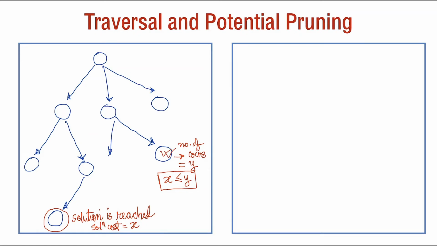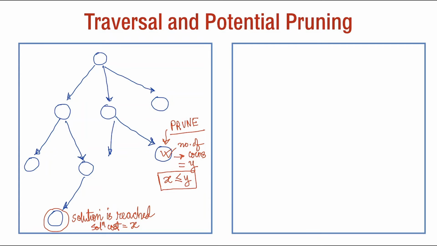And the number of coins chosen at this stage can only remain the same or increase. So if x is already less than or equal to y, we need not search further, and we can prune or discard the searching of the space beyond this point.